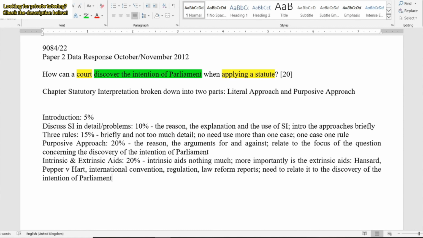You'll notice I didn't even talk about the rules of language. Even if you want to put it, you can probably put it here. Then it's fine. So there's still the conclusion, right?